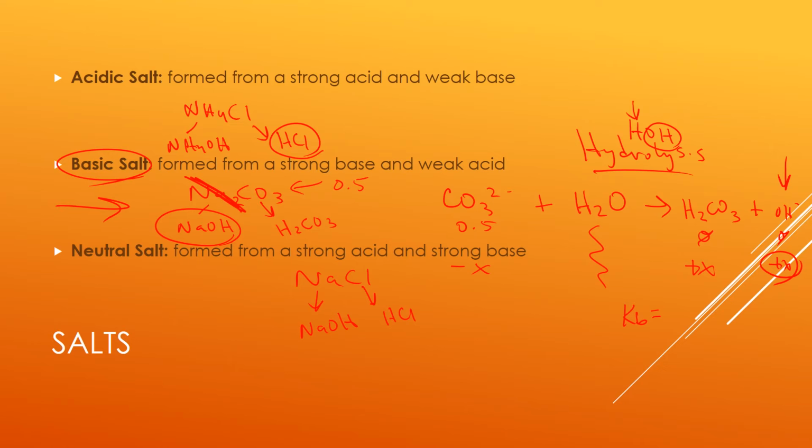Since I'm solving for OH-, I would have to find a pOH first, and then a pH from there. If I'm working with an acidic salt, then I'm going to have H+ as my product, so I would use a Ka expression, and then from there I would find H+, which is x, and then solve for pH by plugging it directly in. If I have a neutral salt, that pH is always going to be 7, so that's pretty easy.